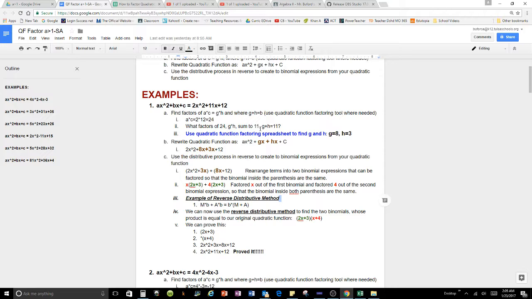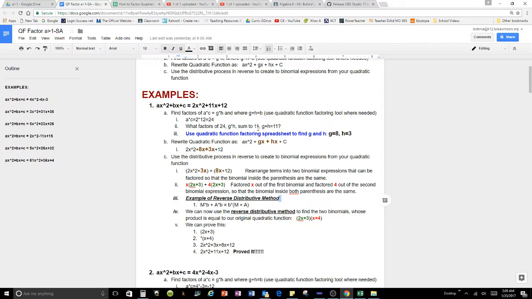So when we go to our quadratic function factoring spreadsheet, we see that the values of G equal 8 and H equals 3 satisfy that condition. 3 times 8 is equal to 24, and then 3 plus 8 equals 11.